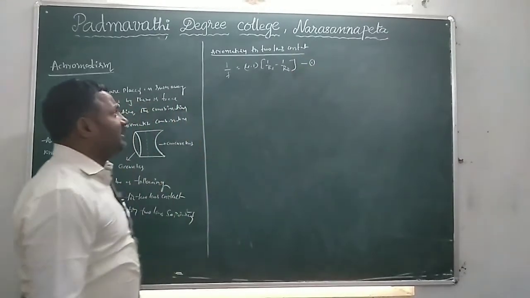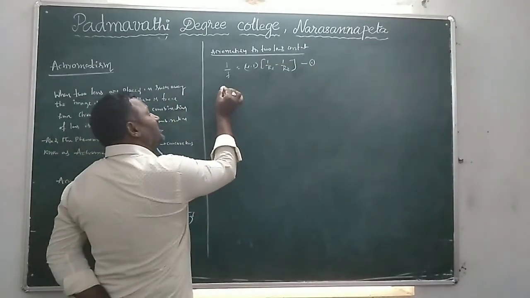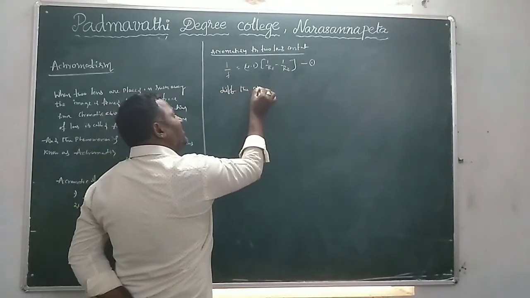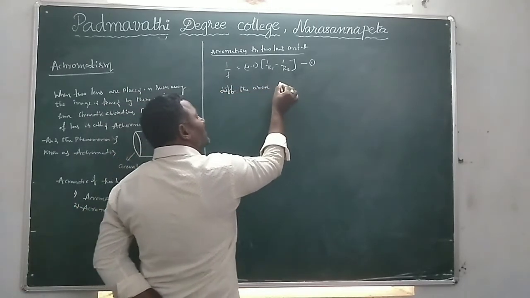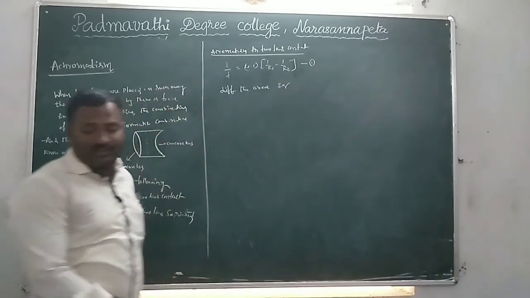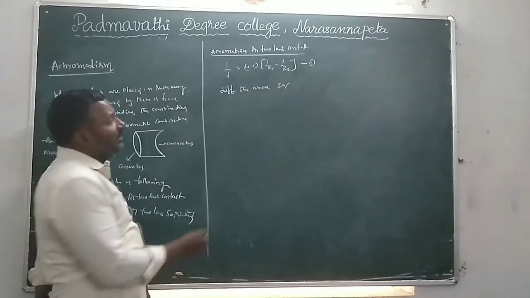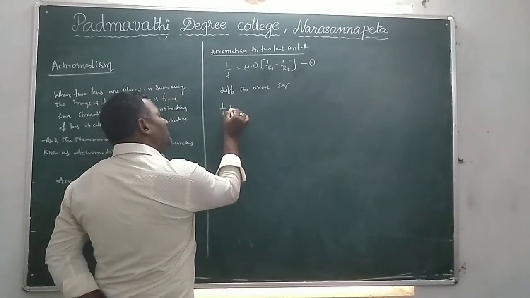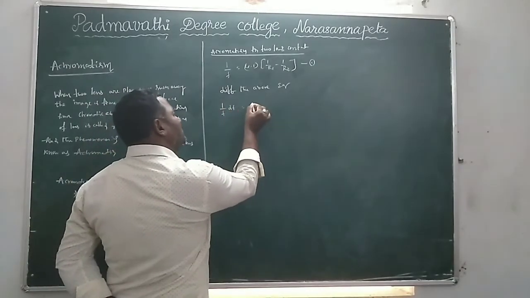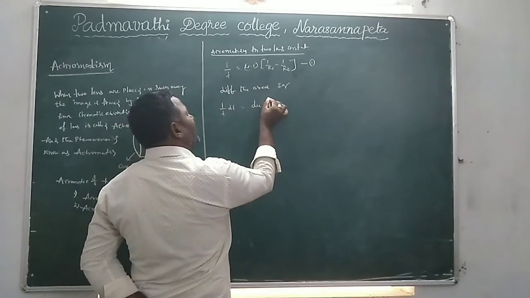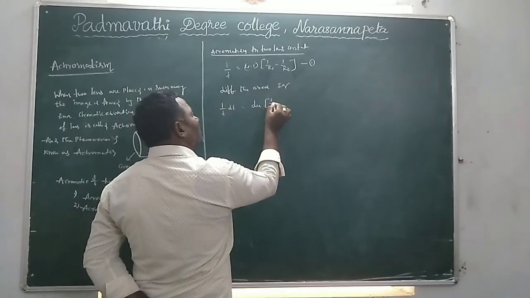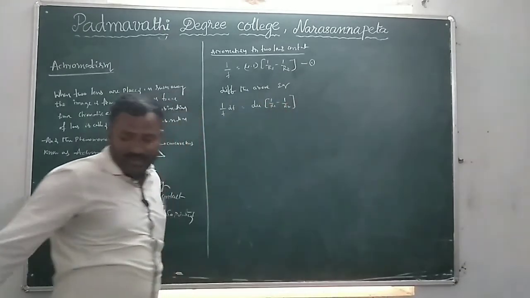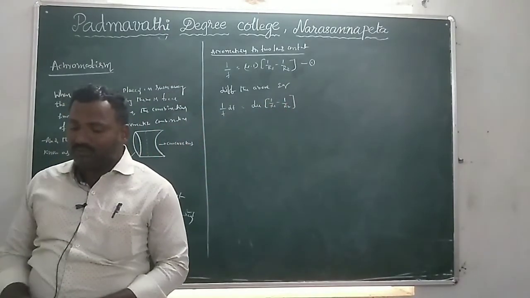Now differentiate the above equation: (1/f) df = d(mu)(1/r1 - 1/r2).